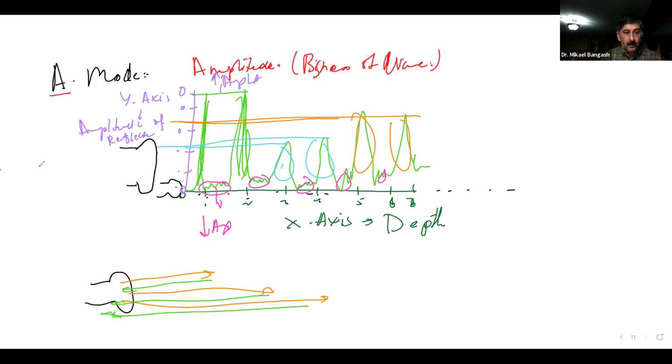Whereas along the y-axis, it's all dependent upon the strength, or the power, or the intensity, or amplitude of the reflection you get. You're going to have a bigger spike displayed on your monitor. Did you guys get that?